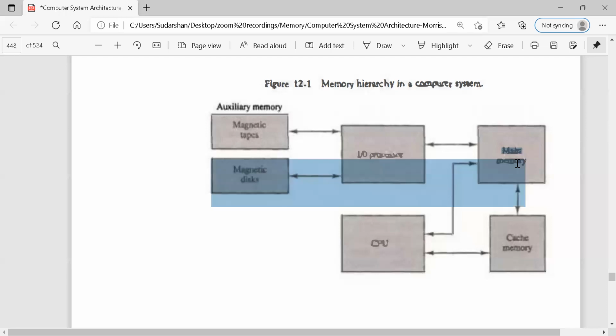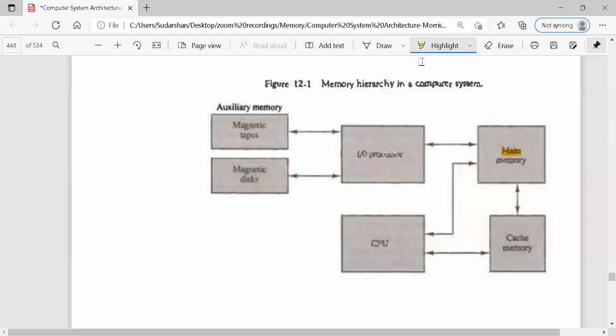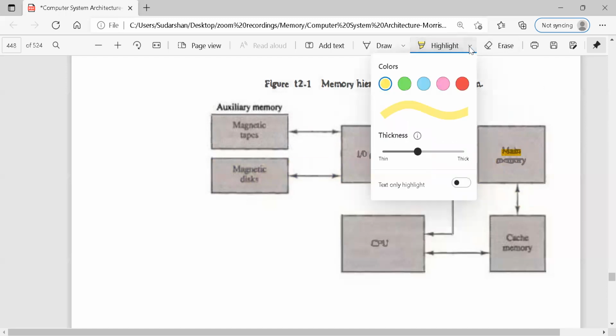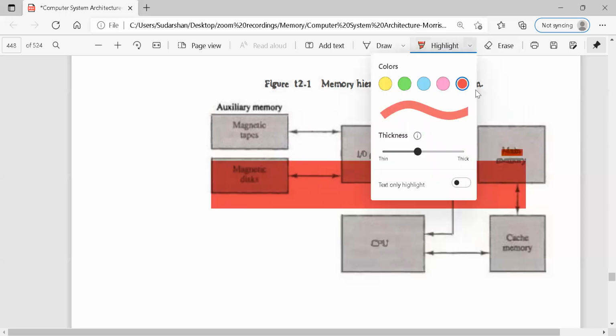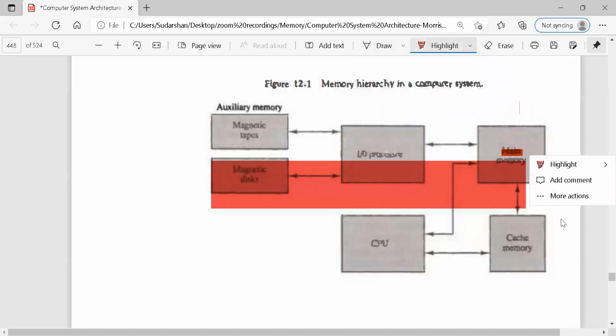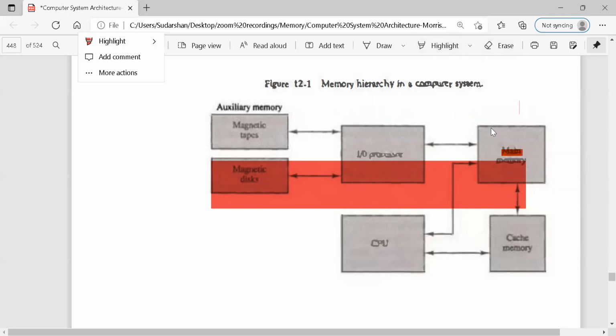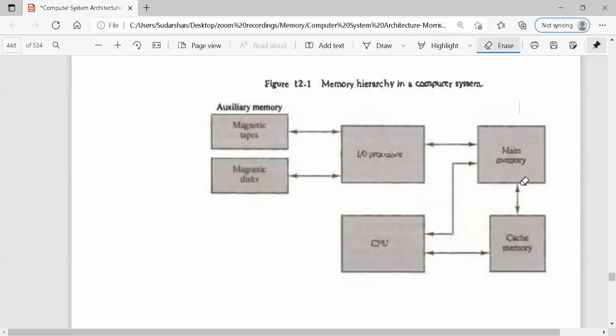When you come to main memory, its capacity is only in terms of GB.